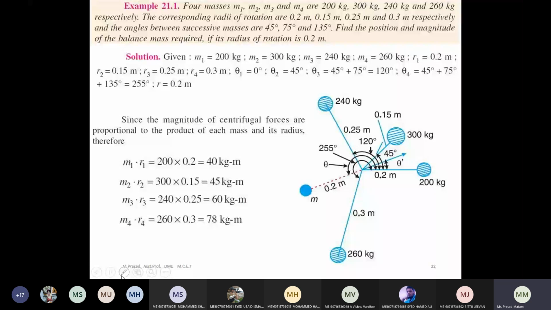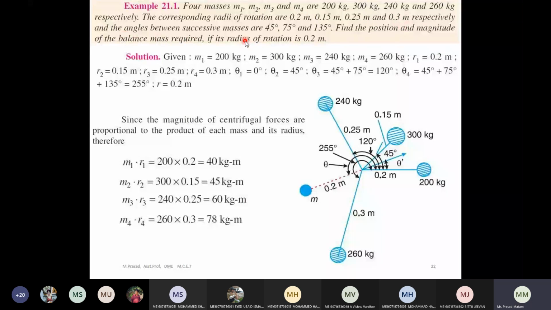You can see here four masses M1, M2, M3, and M4 are 200 kg, 300 kg, 240 kg, and 260 kg respectively. The corresponding radii of rotation are 0.2 meter, 0.15 meter, 0.25 meter, and 0.3 meter respectively.